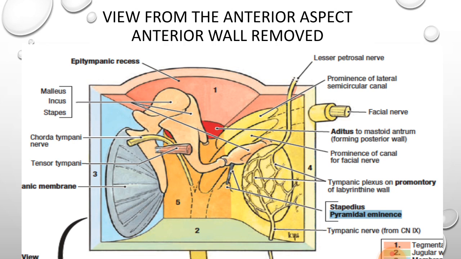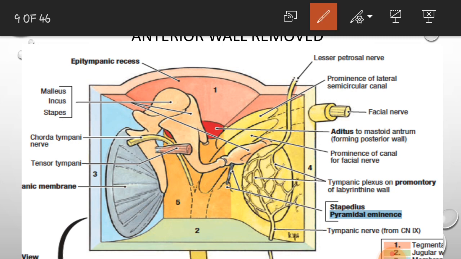Now this picture has another view. We can see the tympanic membrane here. This yellow wall is the medial wall of the tympanic cavity.